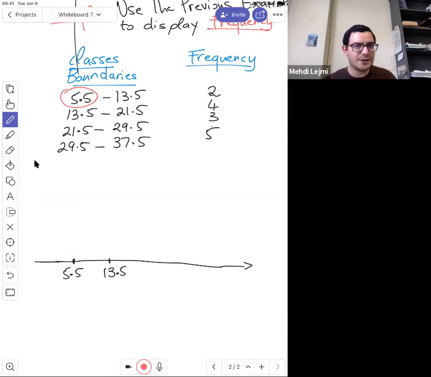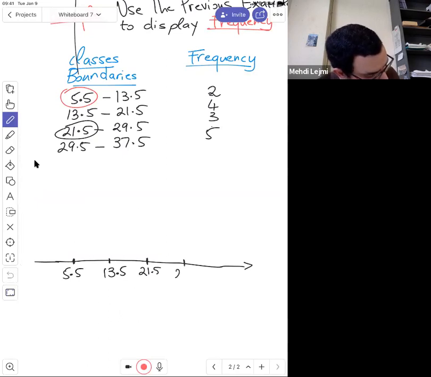That's my first class. The second class is from 13.5. I already have the 13.5, so you don't need to repeat it, to 21.5. Here's my 21.5, and then 29.5.